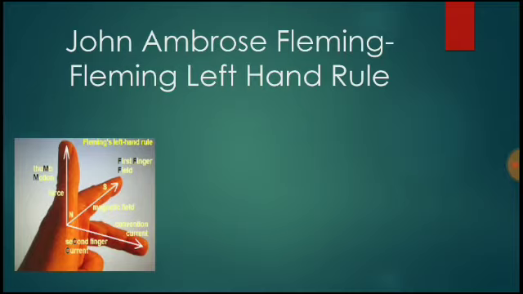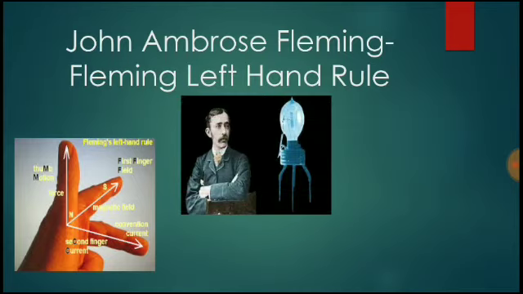If you stretch the thumb, forefinger and middle finger perpendicular to each other, the thumb represents the force on the conductor, the forefinger represents the magnetic field, and the middle finger represents the direction of current. So this is Fleming's left hand rule.